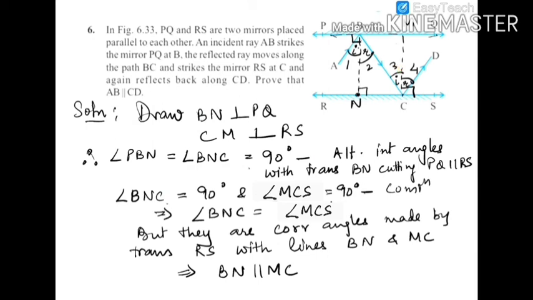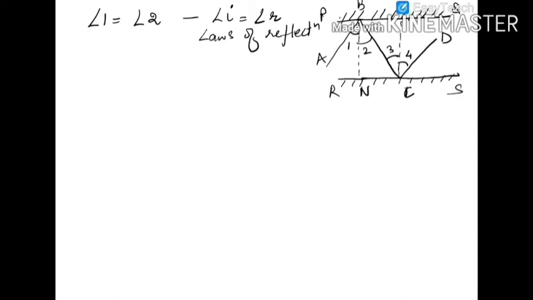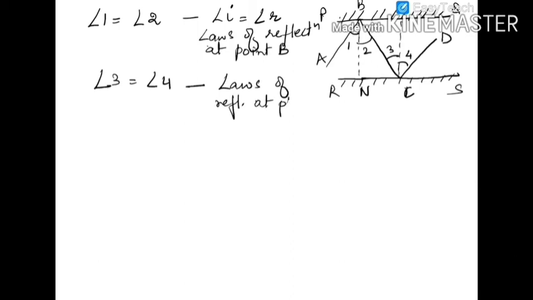So let's write down all of this. Angle 1 is equal to angle 2 because angle I is equal to angle R using the laws of reflection of light at point B. Also angle 3 is equal to angle 4 using laws of reflection at point C. We have proved earlier that BN is parallel to CM.